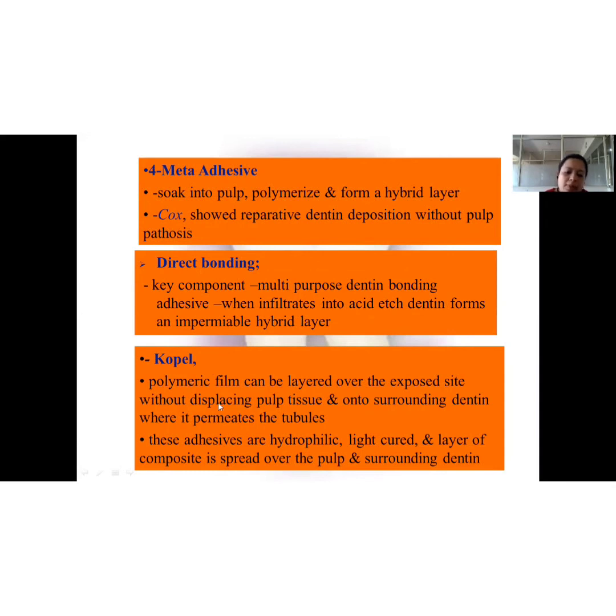A polymeric film can be layered over the exposed site without displacing pulp tissue and onto surrounding dentin where it permeates the tubules. These adhesives are hydrophilic and light cured, and a layer of composite is spread over the pulp and surrounding dentin.